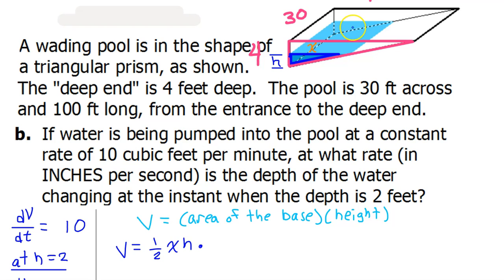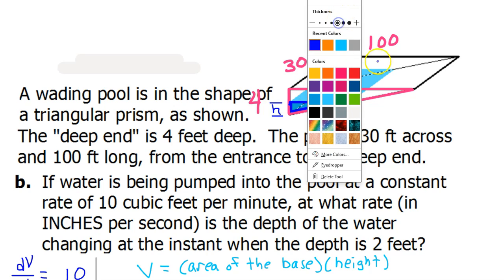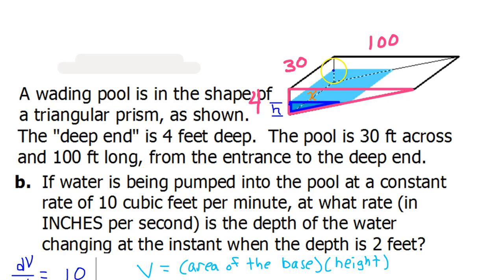So the volume of the water prism is the area of the base, and that's what we wrote so far, times the height of the prism. The height of the prism is the distance between the bases. So it is the distance between these triangles.